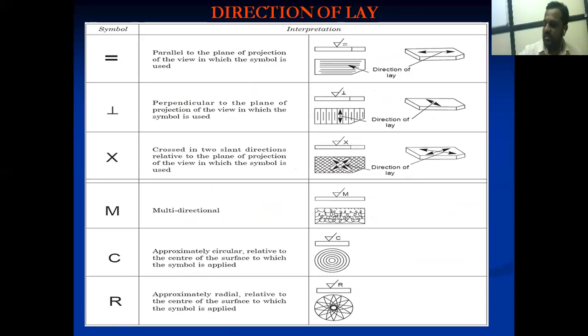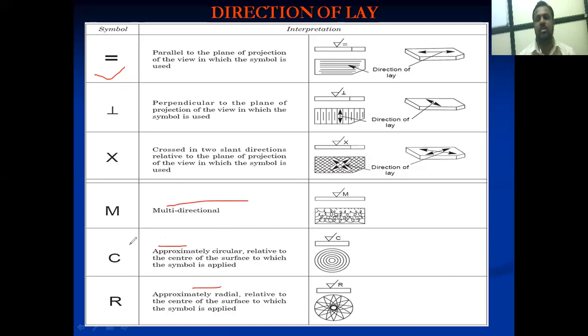What are the directions of lay? Parallel, perpendicular, crossed, multiple direction of lay, then circular direction of lay, then radial direction of lay. These are the different types of direction of lay.